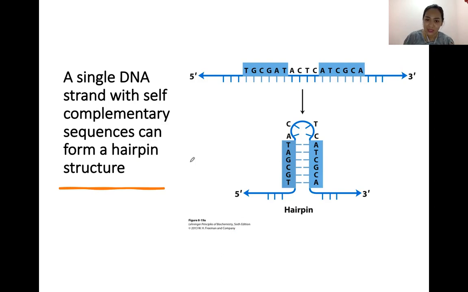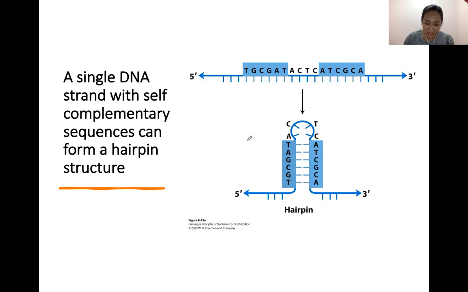If this is one strand, you will see here that it's a 5' to 3' strand, but there are complementary sequences that you will see. Of course, it can fold, but during the folding, there should be several bases, a sequence of bases that can do the fold so that it will be able to form the structure.